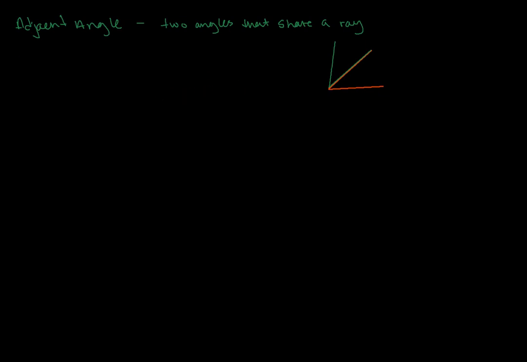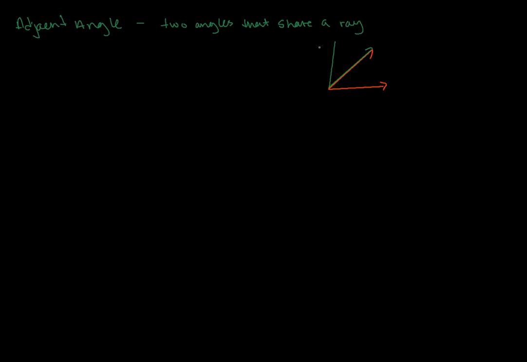You see that they share this ray right in the middle. So you can see that they are essentially the same side, and that makes them adjacent. They're right next to each other.